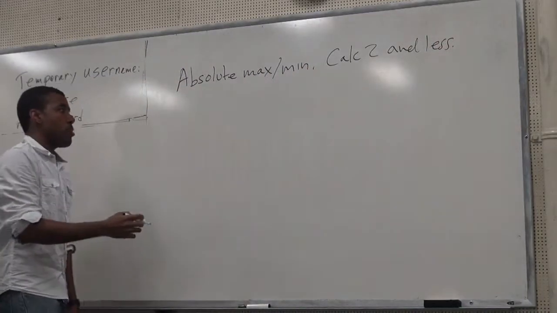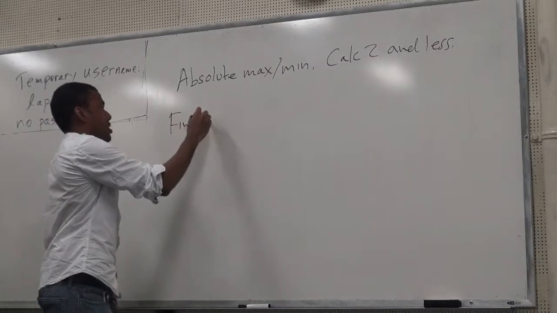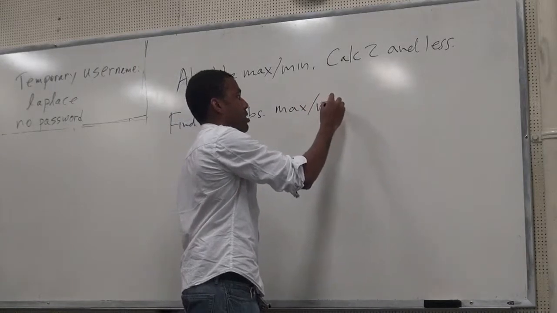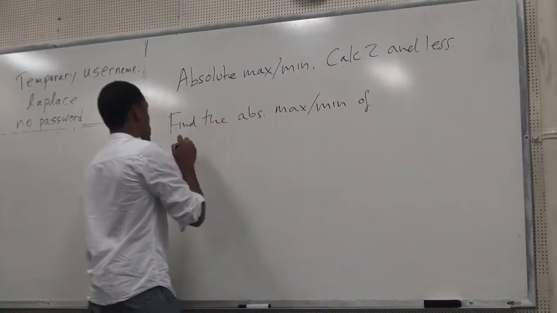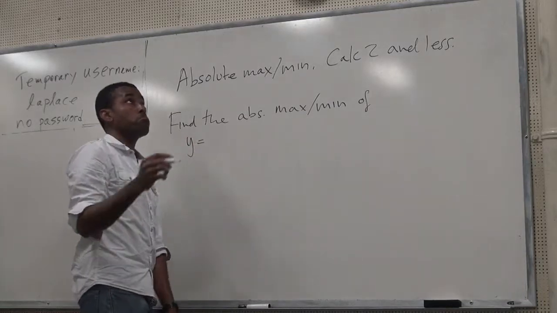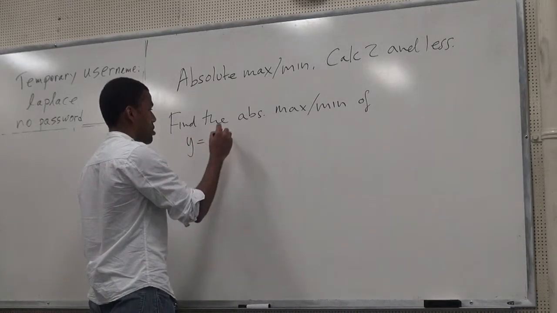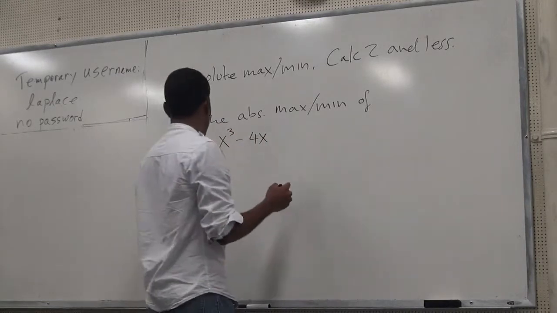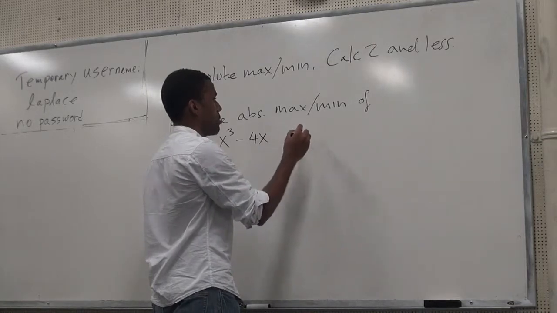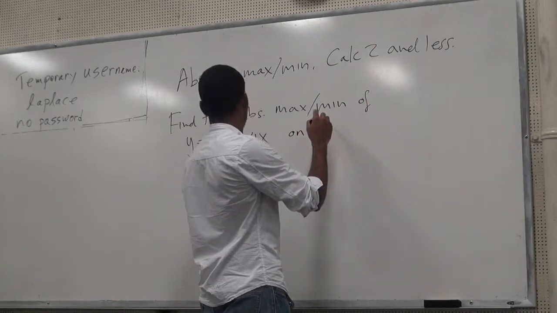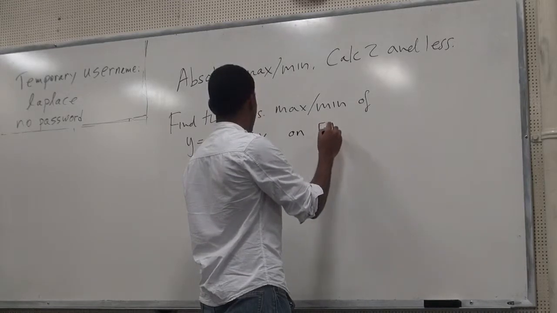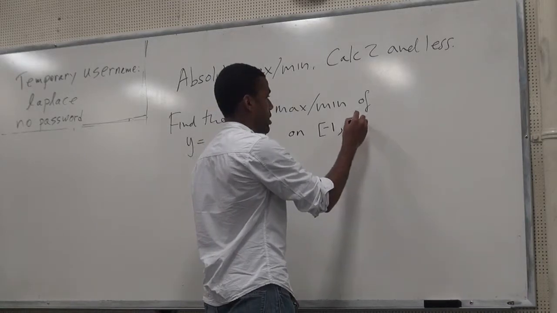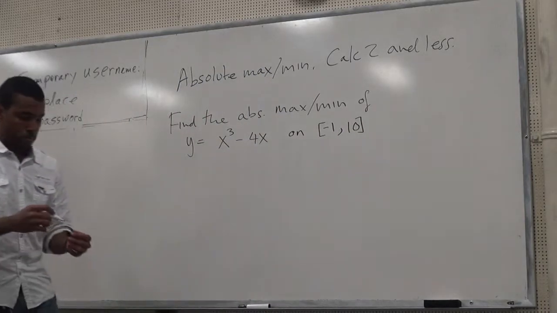So let's say we had to do a problem like: find the absolute max or min of y equals x cubed minus 4x on minus 1 to 10.